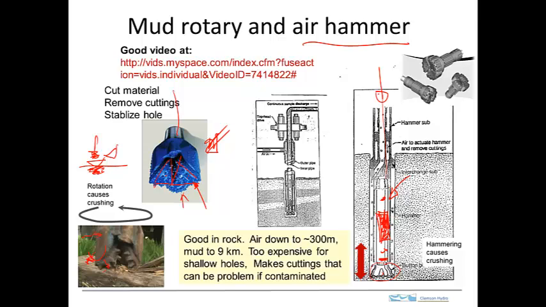Then the high velocity air that is used to cause this weight to reciprocate to work the hammer exhausts out the bottom of the hole. That picks up these particles and entrains them in this high flow of air and brings them out of the ground. So that's an air hammer, and that's the most common technique around here that's used to make holes in rock. All of the wells in the lower well field were drilled that way.